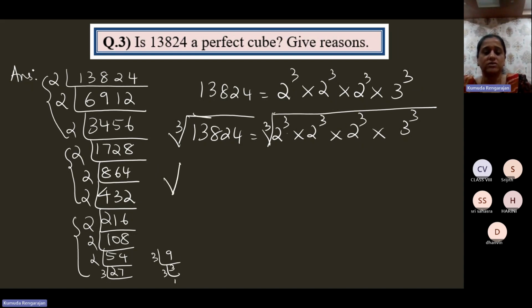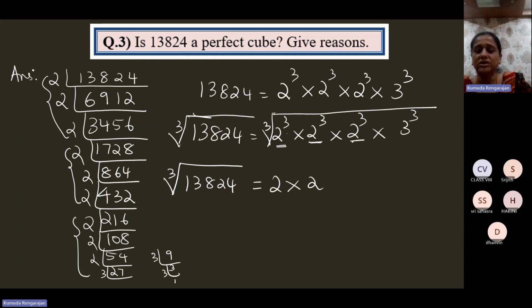Now this is what we're trying to find. The cube root of 13,824 is what we're trying to find. So that will come down as it is. On the right hand side, we need to get rid of this cube root symbol. So from 3 equal primes, 1 out.